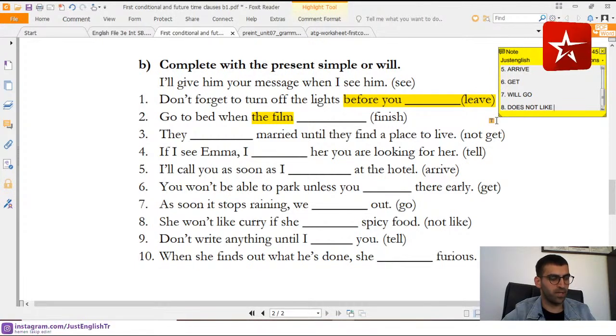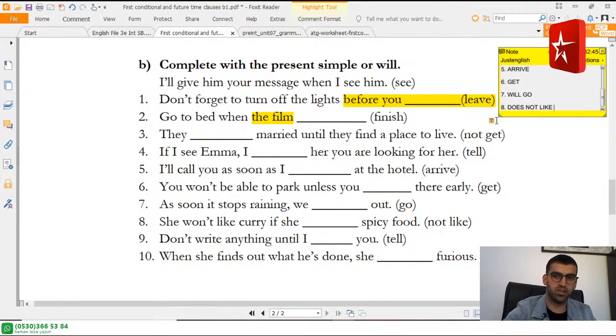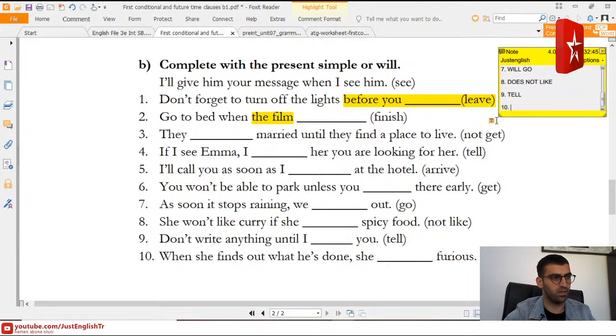Yes, Gül, Safa and Tuko wrote 2 answers. Don't write anything until you tell me. Yes, tell is a correct answer for number 9. Number 9, yes, tell. Don't write anything until I tell you.